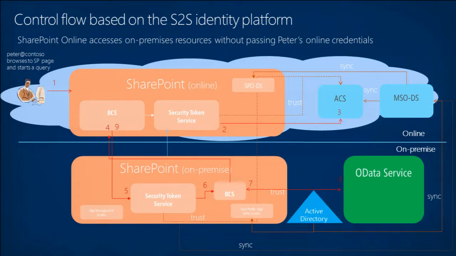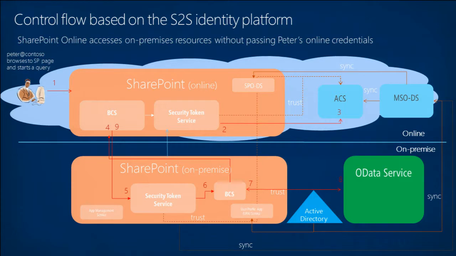And for folks who were in the session yesterday, I also showed that we've provided a way for admins to call the cloud from an on-premises system, give a correlation ID, and say, hey, my user Peter was trying to do something. He got this error. Can you send me back all the relevant logs? Because in general, logs aren't available to an on-premises admin from SharePoint Online.